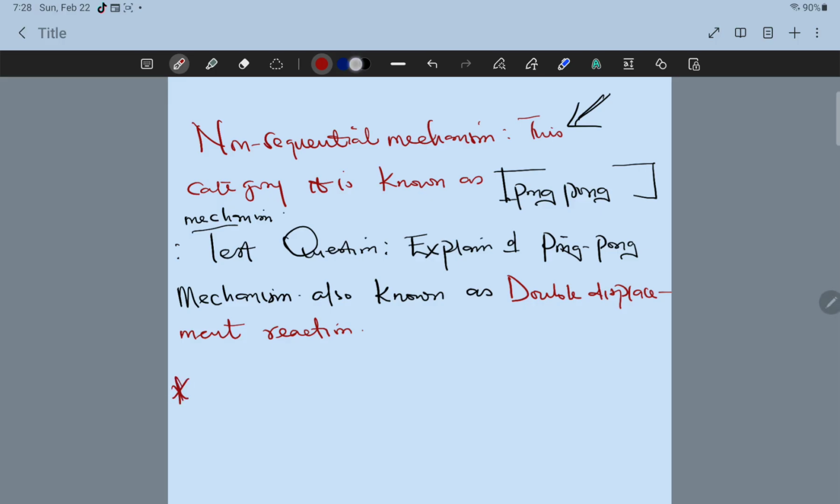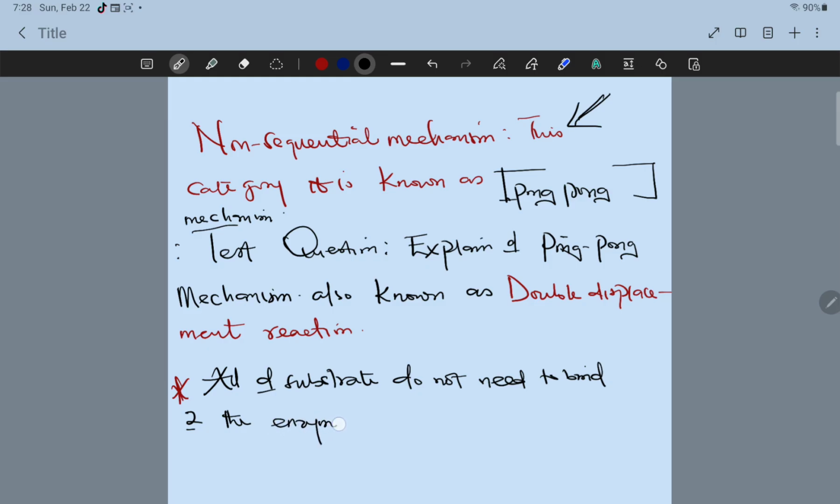Here, note that all the substrates do not need to bind to the enzyme before the product is released.